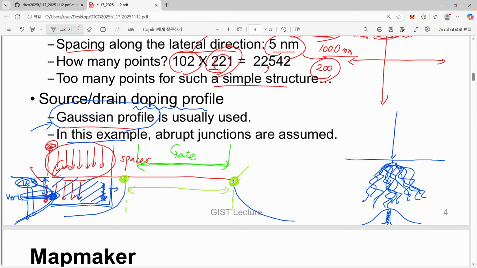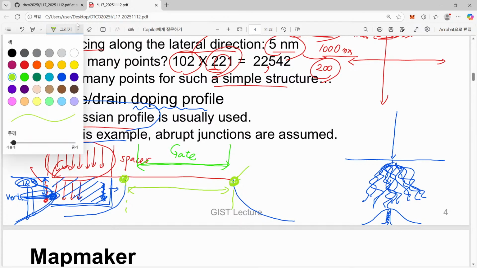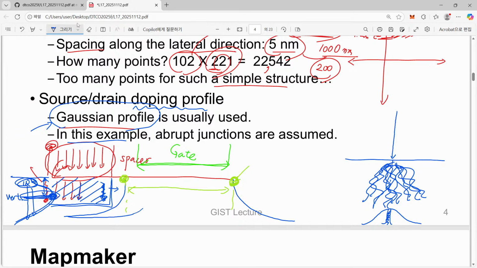Let's say that unfortunately you have made some mistakes in your doping control. Instead of your desirable point, you have a certain variation of your source profile, so it goes deeper into the channel region. Then what will happen? In this case, your effective channel length is just shortened by the amount of this fluctuation.